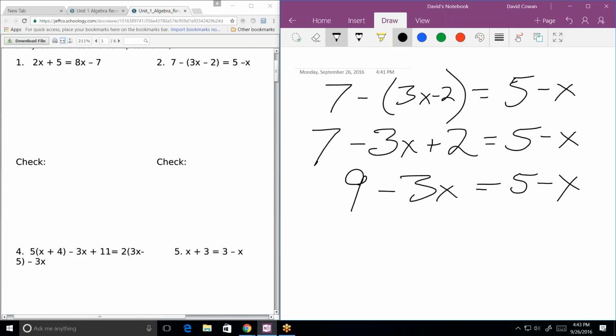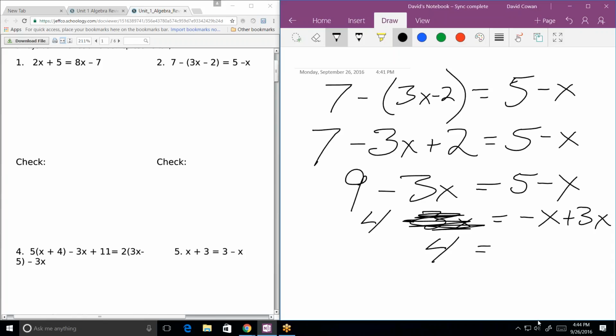Maybe subtract 5 from both sides. So now we have this. Now what? Add 3x to both sides. Good. So what's the next line? 4 equals 3x. You have a minus x plus a 3x, right?